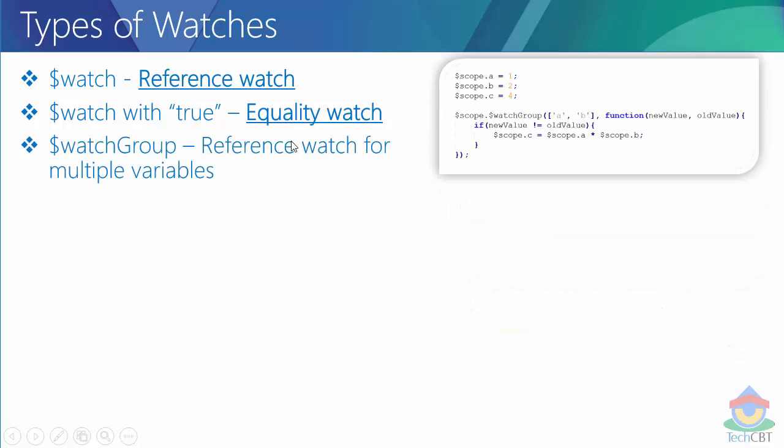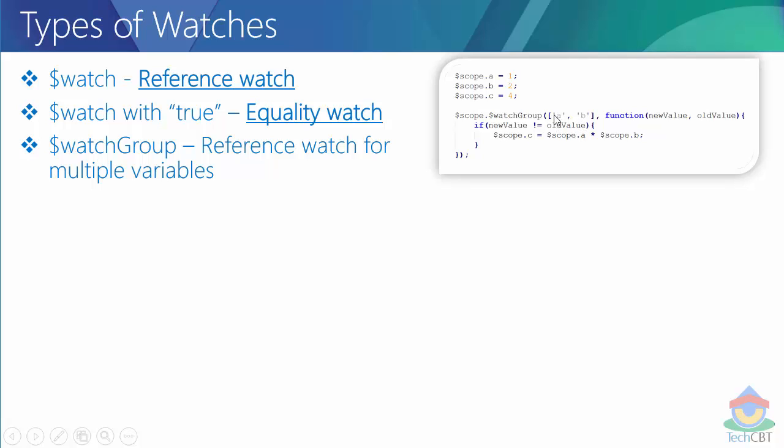Next one is watchGroup. watchGroup is a convenient method for when you would like the same functionality to be applied against multiple variables. Instead of writing $scope.$watch for both A and B separately for the same kind of business functionality, you might want to use watchGroup, where you can provide all the scope variables at once in the form of an array, and the watch listener is always executed whenever any of those scope variables get modified as part of that watch group.